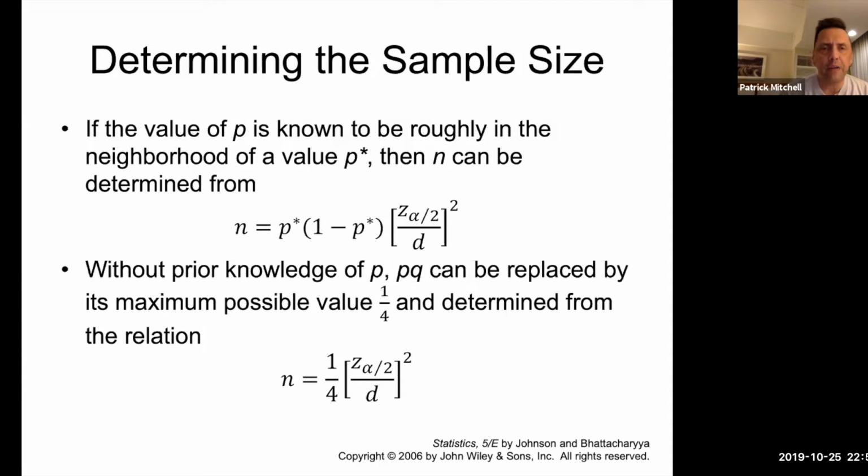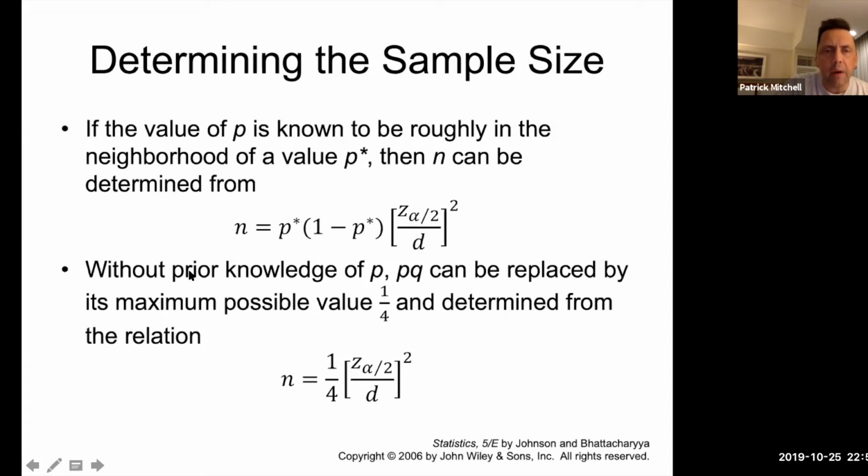First of all, if the value of P, the population proportion, is known to be roughly in the neighborhood of a value P star, then n, the minimum sample size needed to get a given margin of error, is given by this formula: P star times 1 minus P star, multiplied by the square of Z sub alpha over 2, which remember is determined by your confidence level, divided by D, the desired margin of error.